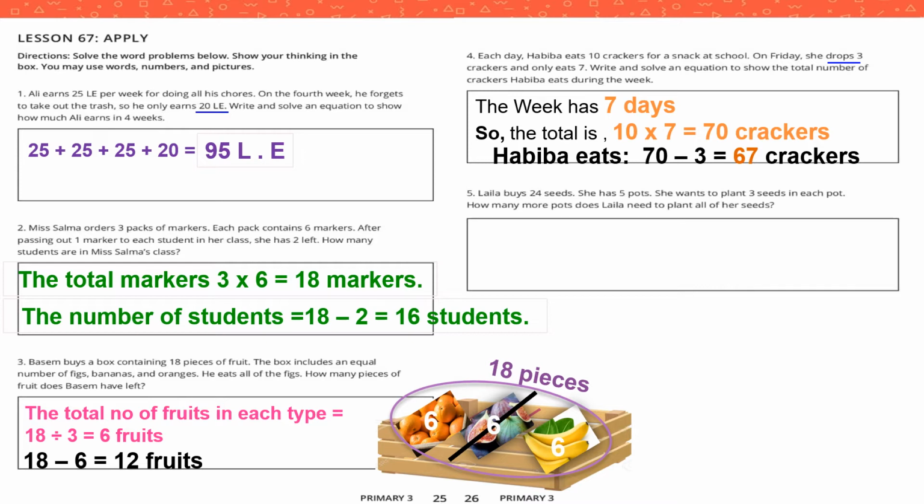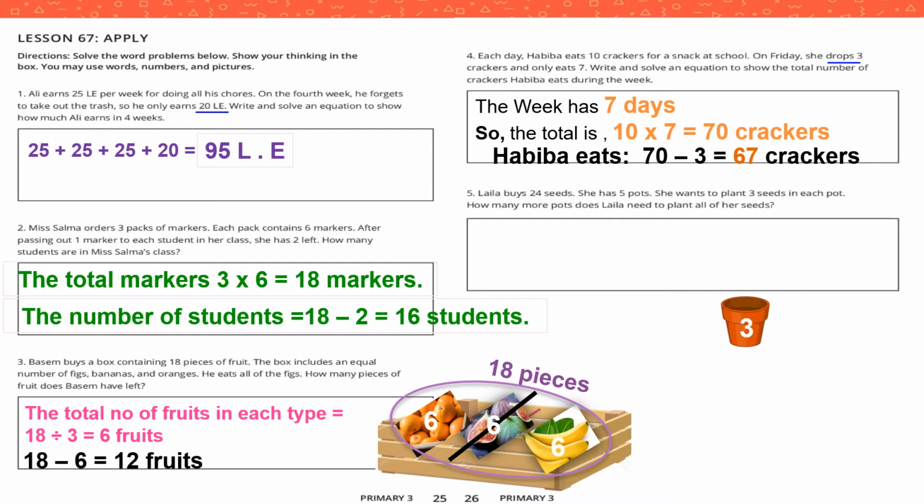Number 5, Layla buys 24 seeds. She has 5 pots. She wants to plant 3 seeds in each pot. How many more pots does Layla need to plant all of her seeds? The total number of seeds is what? 24. She wanted to put 3 seeds in each pot.